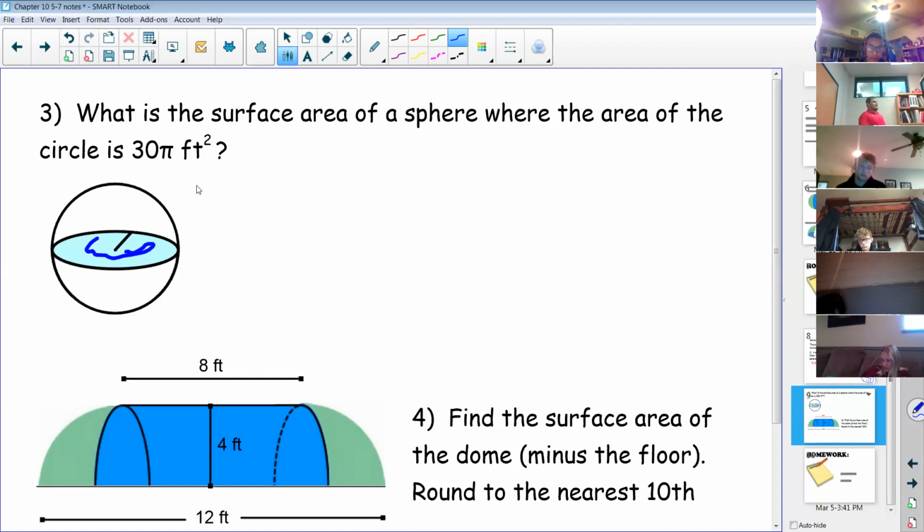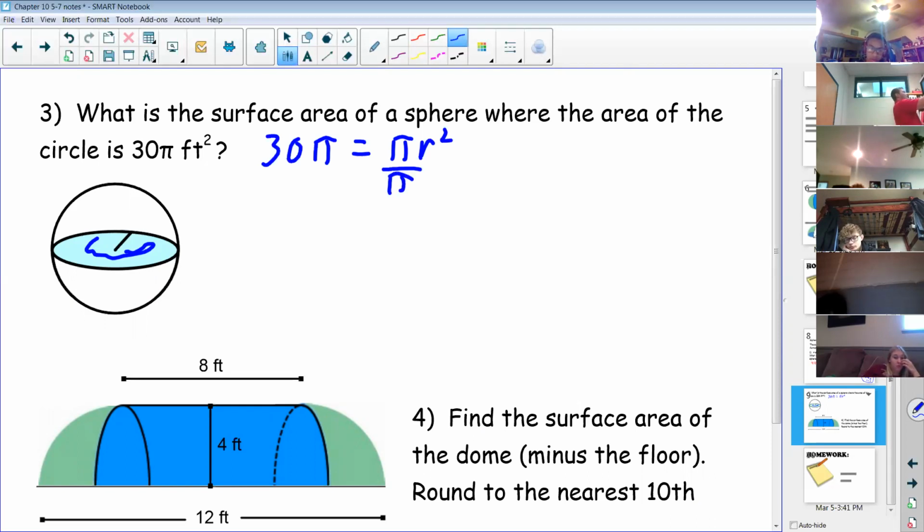Well, to find the surface area, we need a radius. So we're trying to think, okay, how can we relate area to radius? Well, I know my area is 30 pi. And the area of a circle is pi r squared. Right, so that area would be equal to pi r squared.